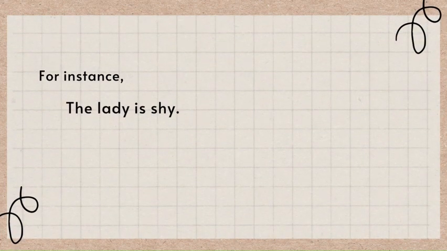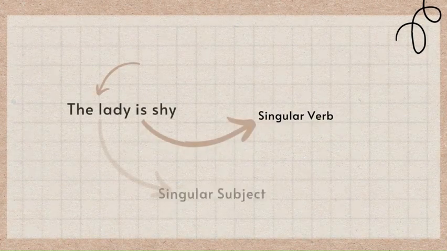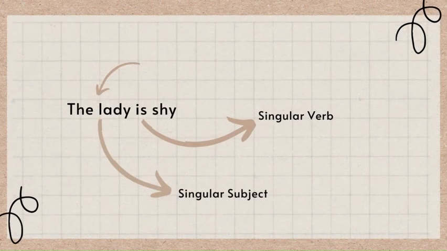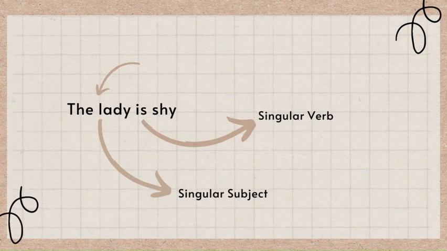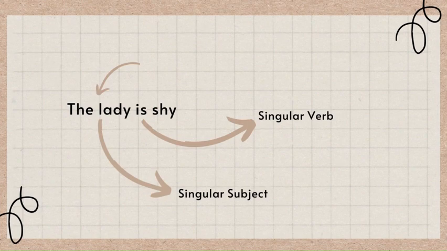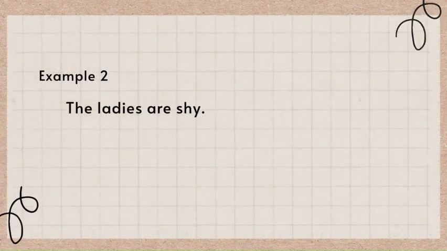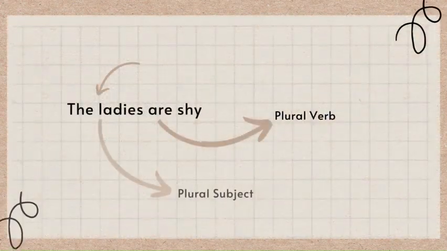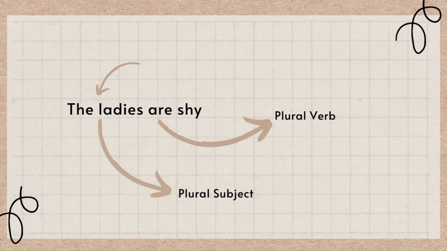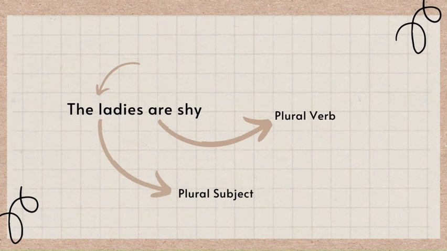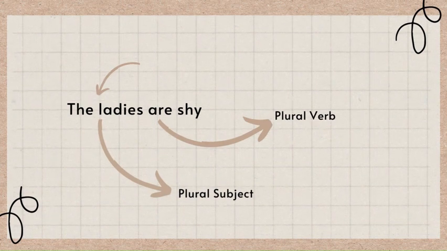The lady is singular, so it must agree in number with the verb. That is why the verb is singular, is. You also have the ladies are shy. So the ladies is a plural subject, so it must agree with a plural verb, which is are.